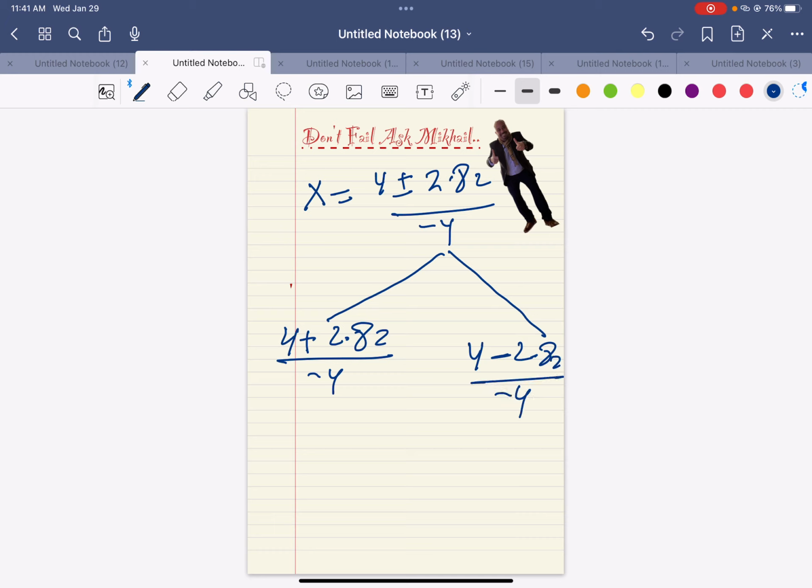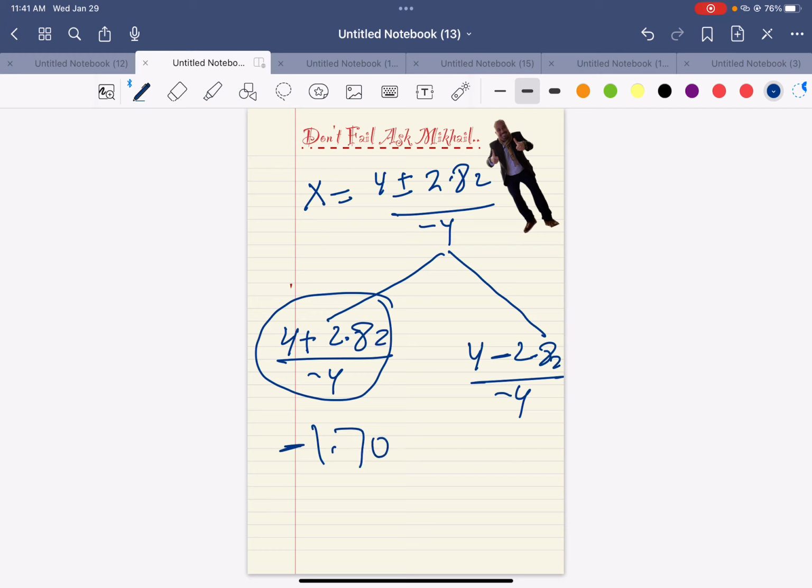If we calculate the first one, we get negative 1.70.